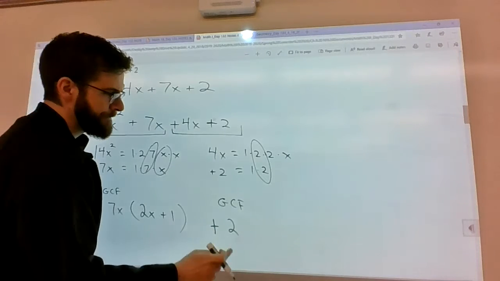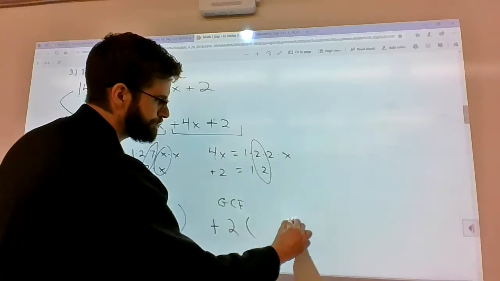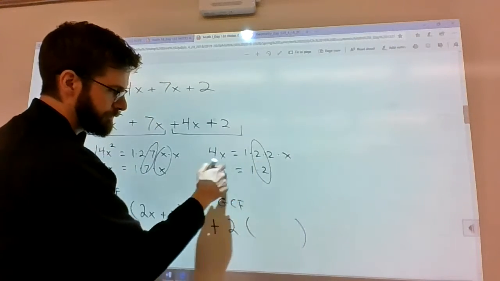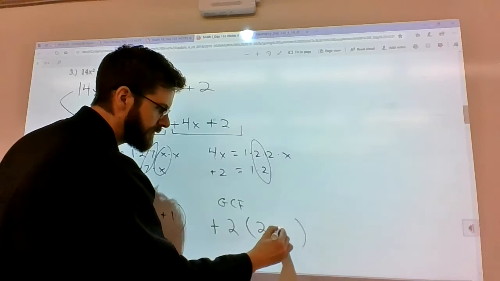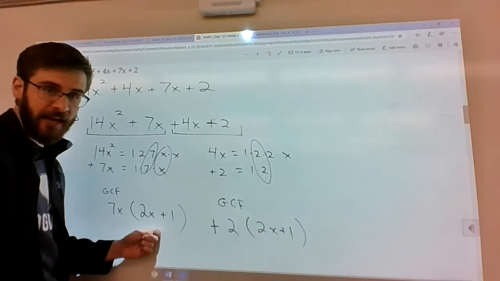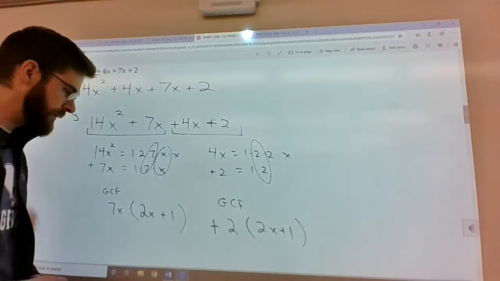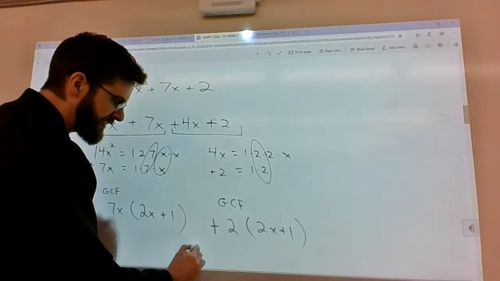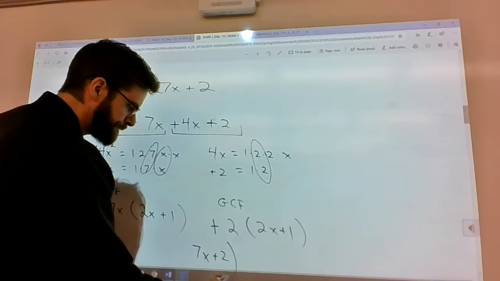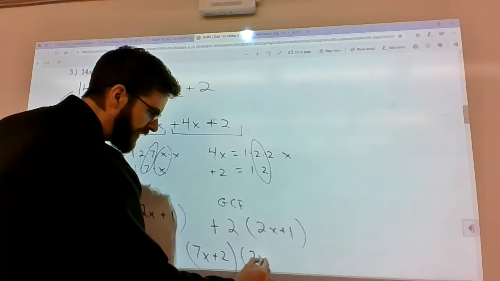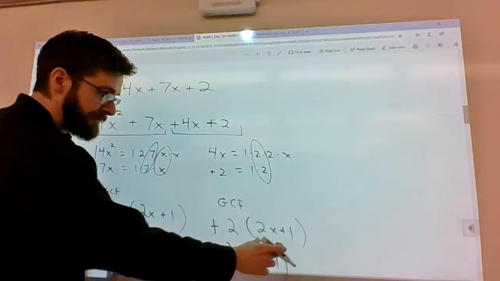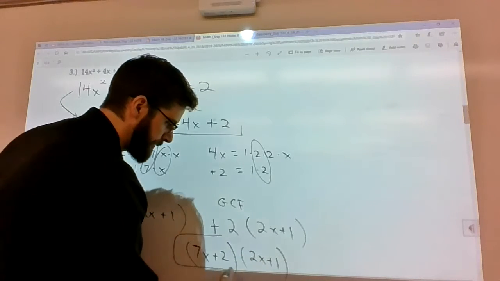Make a habit of that. The leftovers, 2x plus 1. Surprise, surprise, looks exactly like what we had before. That's exactly what we need. So then the GCFs create the 7x plus 2, and then you have the leftovers combining for that term right there.